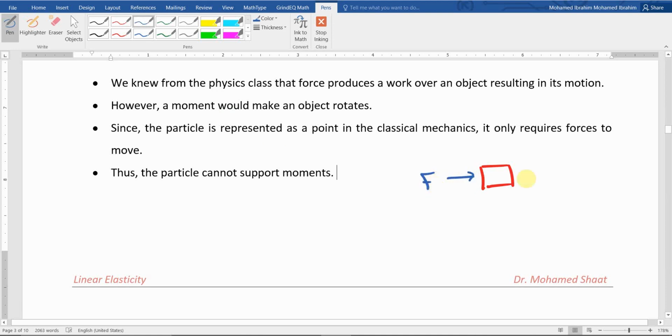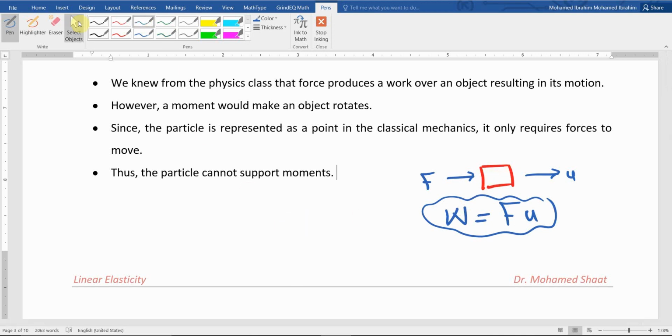If we apply a certain force, it is going to move with a displacement, let us assume the displacement is U. And we knew from the physics class that the work W equals F times U, which is the force times the displacement. This is going to give us the work that you are applying over this box to move it.